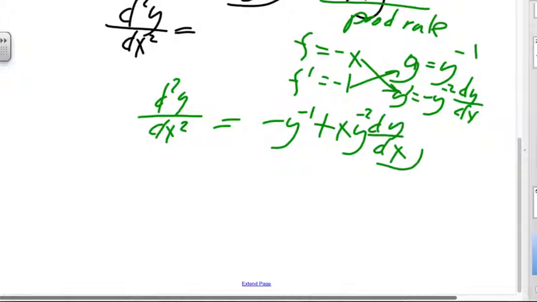Now you notice I've got a dy/dx over here. We had solved that up above. Well, we know dy/dx equals negative x over y.